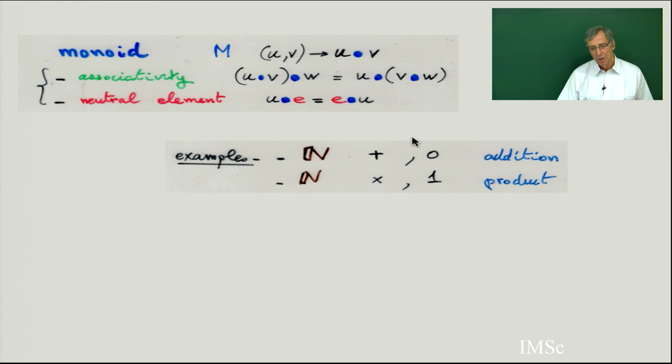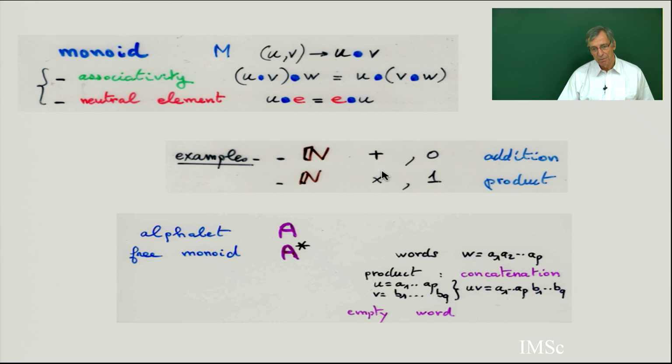And in this course, we will use many times also the free monoid. The free monoid is generated by a set A. So you have an alphabet. The free monoid is the set of all the words. So it's a sequence of letters, all the words A1, A2, up to AP. And the product of two words in this monoid is just the concatenation of the two words.